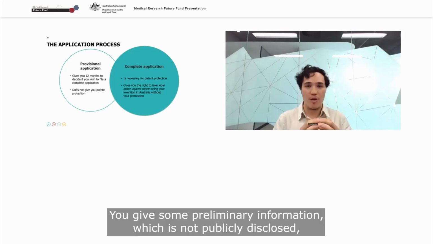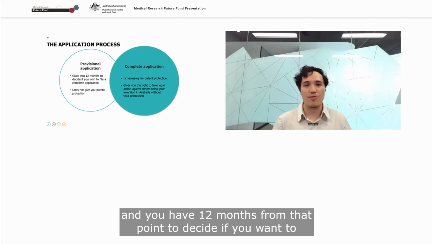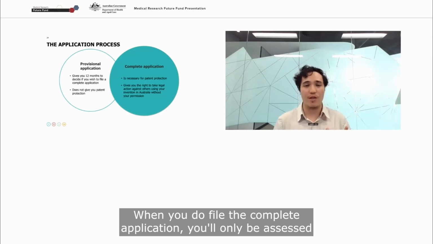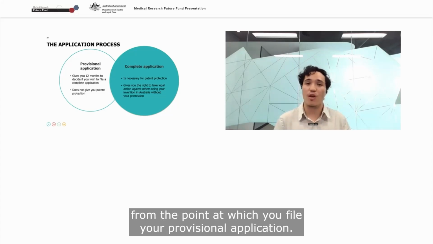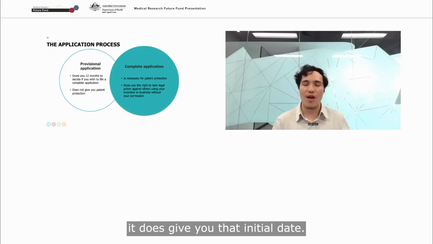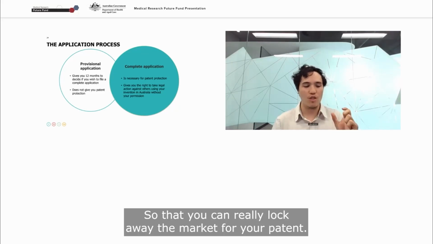You give some preliminary information, which is not publicly disclosed, and you have 12 months from that point to decide if you want to continue with a complete application. When you do file the complete application, you'll only be assessed from the point at which you file your provisional application. The provisional application doesn't give you any kind of protection, but it does give you that initial date so that you can really lock away the market for your patent.